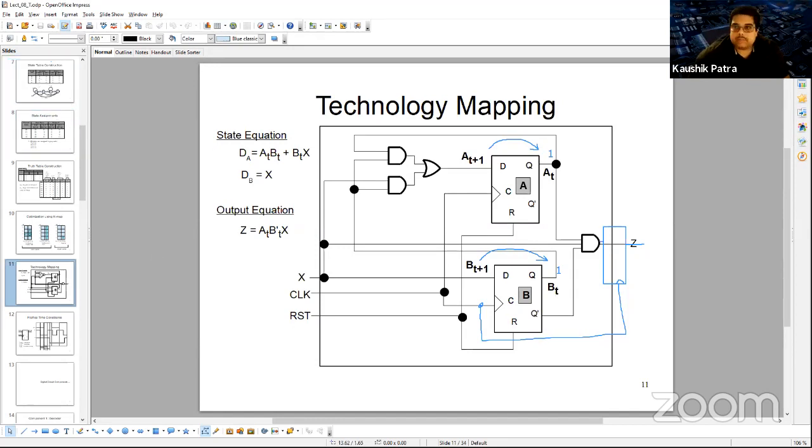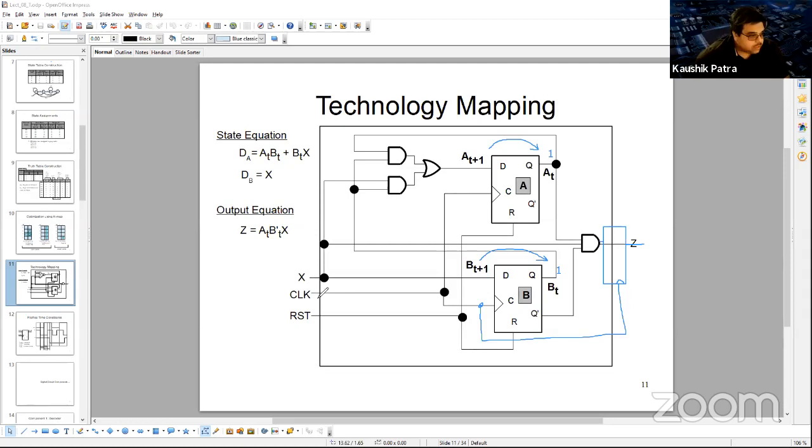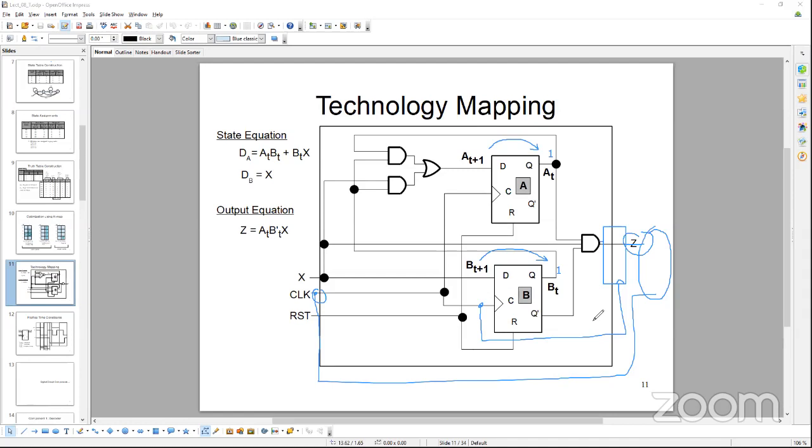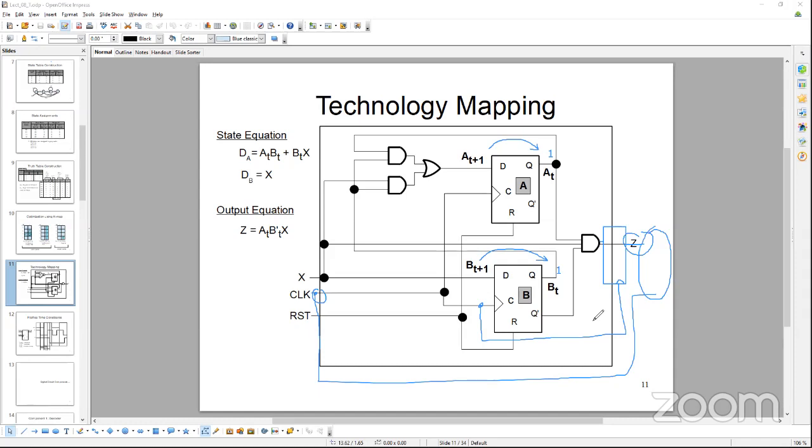And I'm assuming at this point the external world is also synchronized with respect to this clock. Whoever is using this value, the client of this module, will be looking at the Z output in synchronization with the same clock. That is important for the result to be used by other components. Oh yeah, that makes sense. Thank you. Okay.